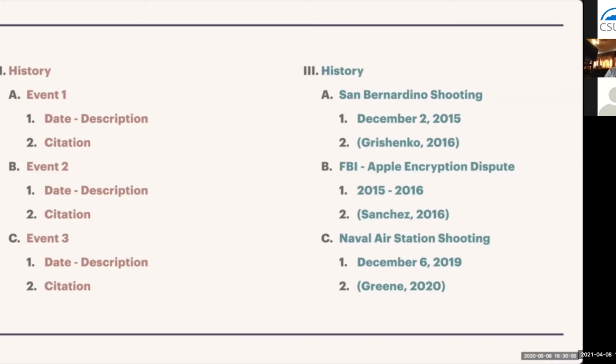So you notice that in the history, we're trying to set up, what are the events that got us to this place? If you're talking about the gun debate, for instance, gun control, universal background checks or something like that, you might want to talk about Lyndon B. Johnson's 1965 Gun Control Act, the Brady Bill in the late 80s after the assassination attempt on Ronald Reagan, and then probably the assault weapons ban in the 90s under Clinton.